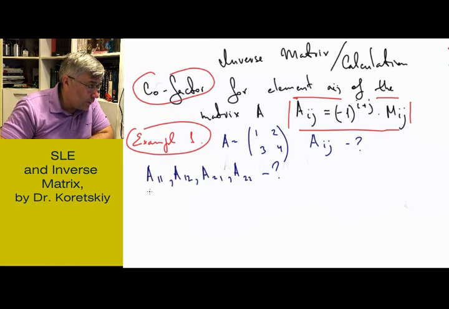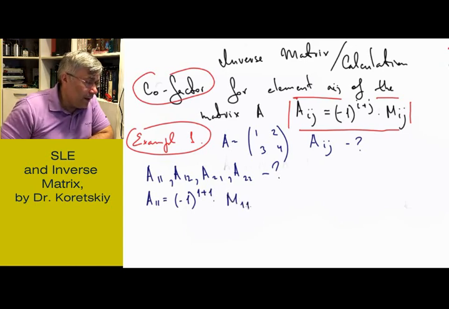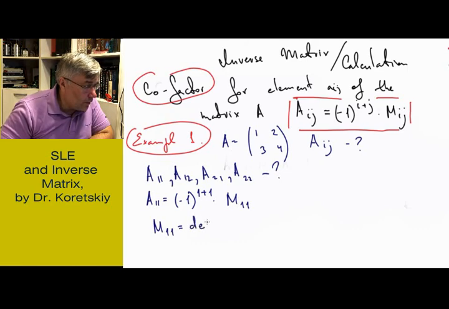For example, A11 equal minus 1 raised to power i plus j, it is 1 plus 1, times minor 1, 1. We know about minors, and we can calculate minor 1, 1 as a determinant of the what? To calculate this one thing, I have to find out firstly A11 element, it is 1, and reduce our given matrix by column 1 and row 1, and it is 4.